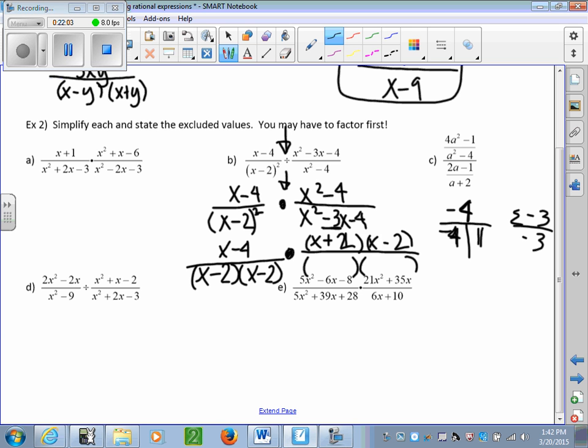So I'm going to end up with an x minus 4 and an x plus 1, from here and here. So I factored everything out. Now I'm just going to cancel out what cancels out. So I'm looking for what factor is the same in the numerator and denominator. I see I have an x minus 4 here and an x minus 4 here, so I'm going to cancel those out. Then I also see I have an x minus 2 here and an x minus 2 here.